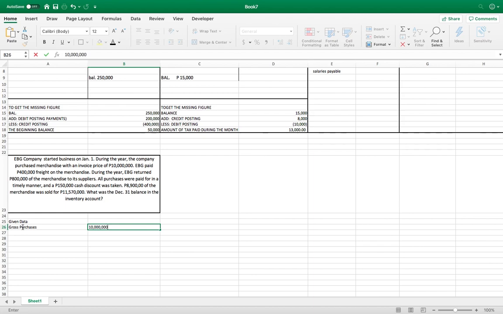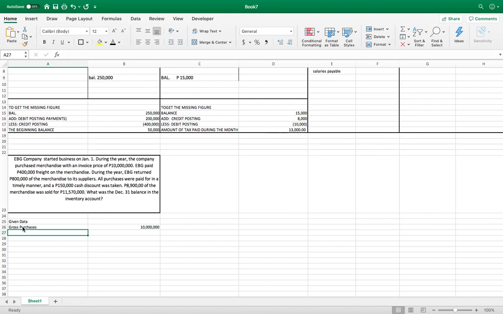So what we are going to compute here is the cost. First is to determine the total goods available for sale. So the gross purchases is 10 million. From the gross purchases, we will deduct less returns. We will also deduct the discount.